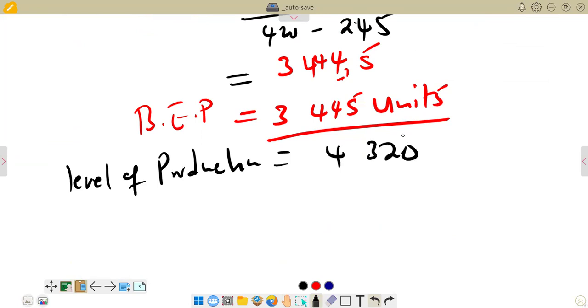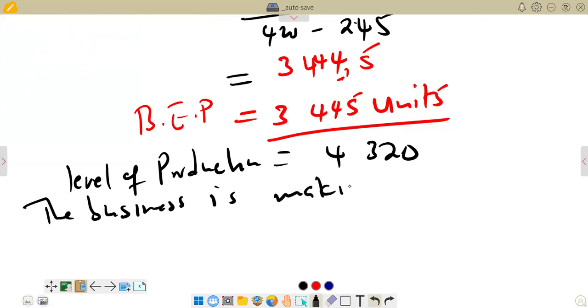So basically, if our level of production is greater than our break-even point, it shows that the business is making a profit. So that is the comment that we can make there, that the business is making a profit.